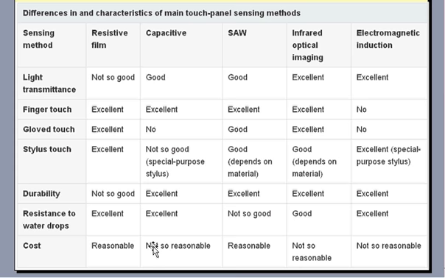Capacitive touch panel, in this table, is not so reasonable, but that is from several years ago. Right now, the CTP price has dropped sharply, and in the next 1 or 2 years these two technologies may be at the same price. That is very good news for the consumer.